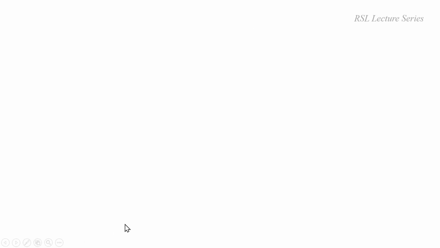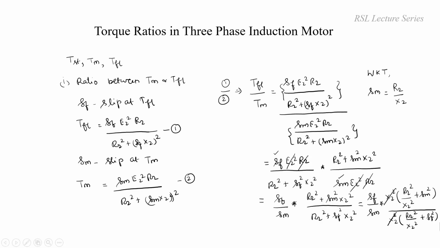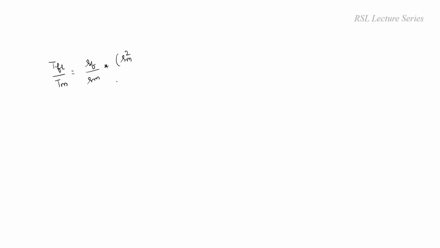Now this can be written as torque full load divided by maximum torque is equal to SF divided by Sm multiplied by, in place of R2 square by X2 square, we substitute Sm square, so here Sm square and we have another Sm square, divided by Sm square plus SF square.